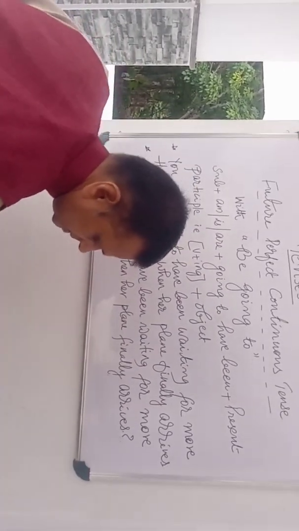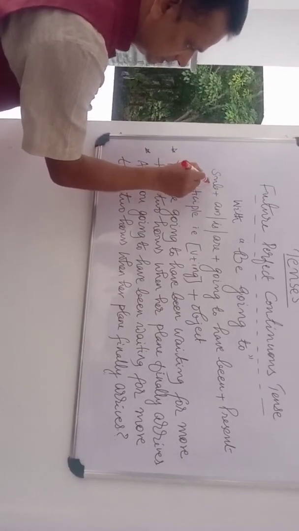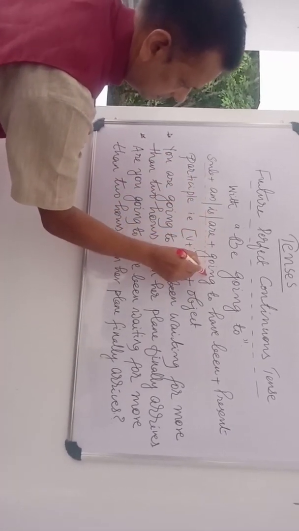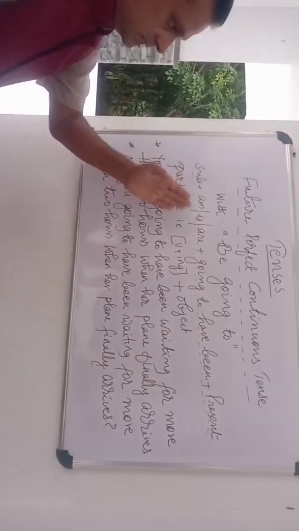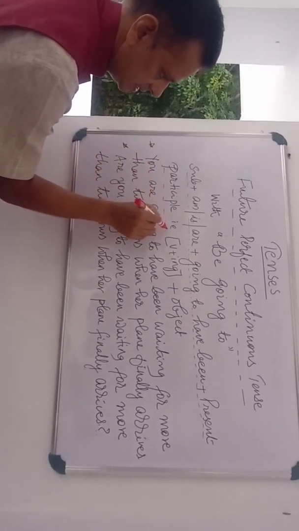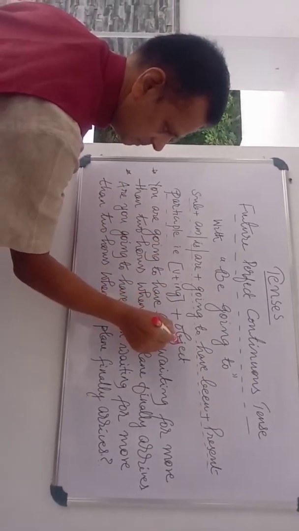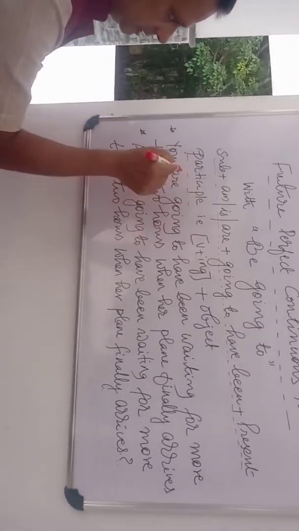So we can underline this like here. The subject plus verb am, is, or are plus going to have been plus present participle, that is verb plus ing plus object. Here we have to underline are, the form of be.